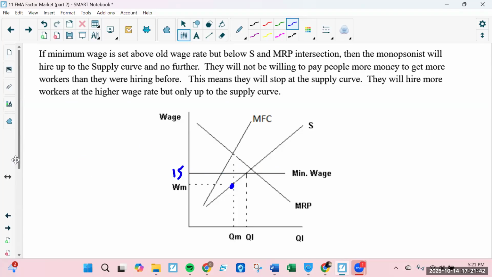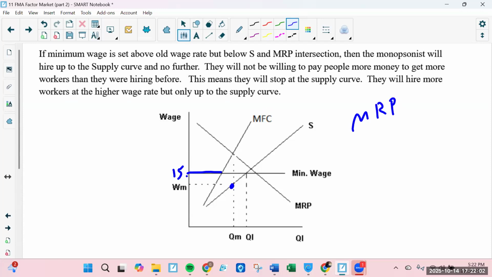So we just start going across here and say, here's my minimum wage. MFC is 15, MFC is 15, MFC is 15. I hit the first line. The first line I hit is MFC. Well, is our rule where you hire where MRP equals MFC? No.